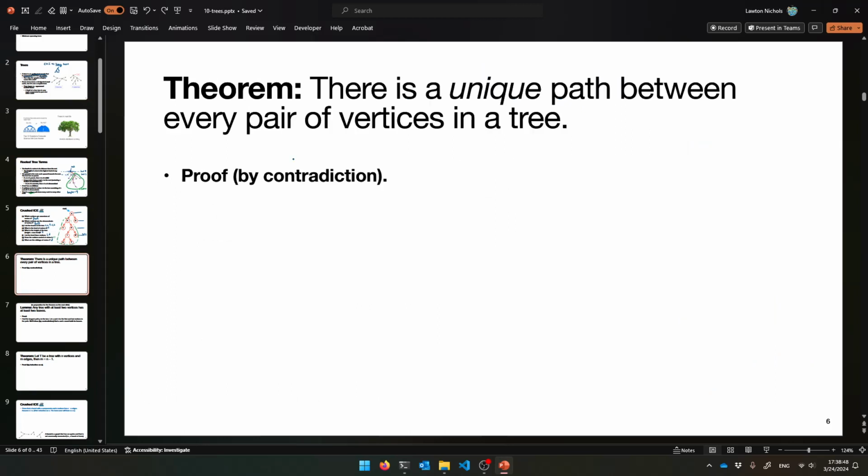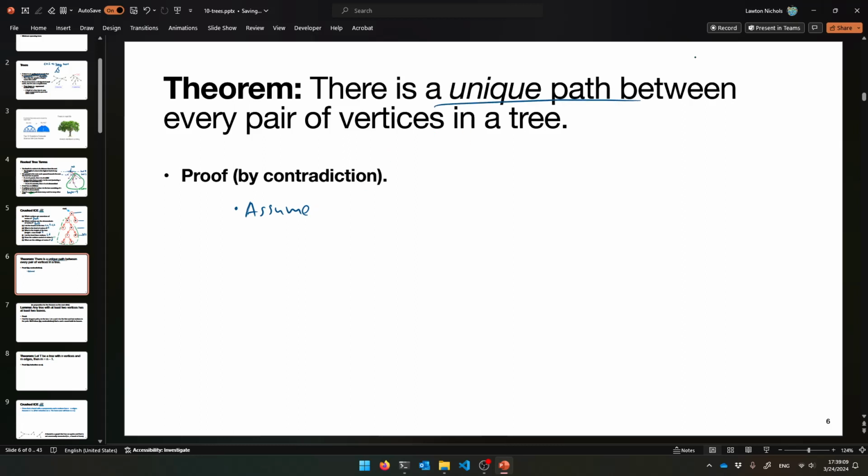So, all right, here's our contradiction. There's a unique path between every pair of vertices in a tree. We're going to prove this by contradiction, so we're going to assume that our theorem is false. Assume that there isn't a unique path. Assume that there's at least two ways to get between a certain pair of vertices, because that would contradict the idea of there being a unique path.